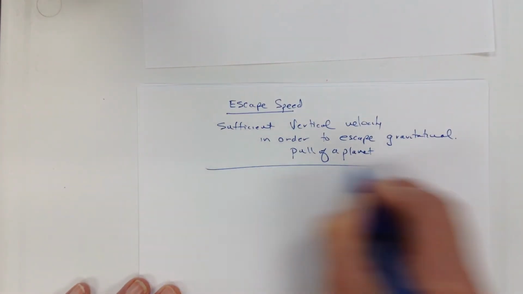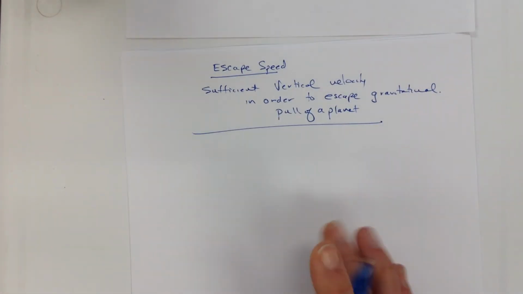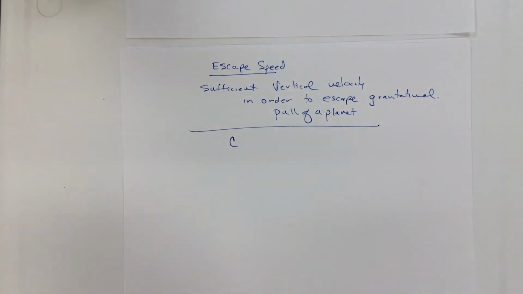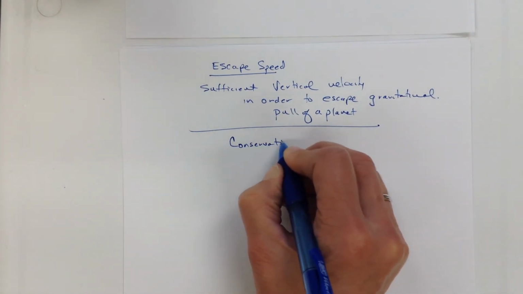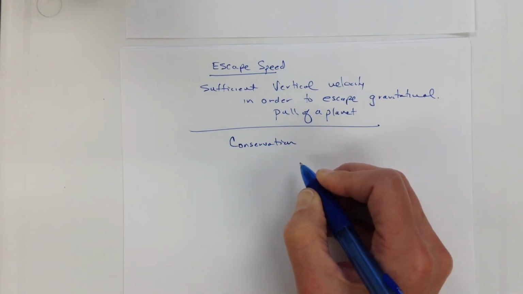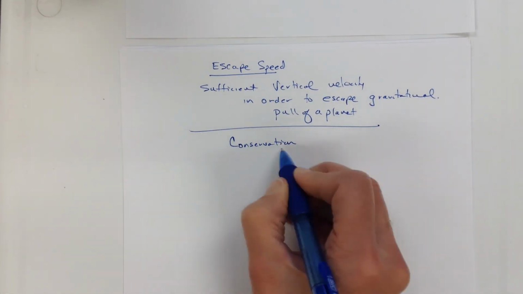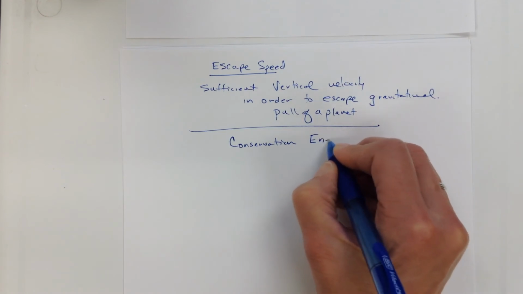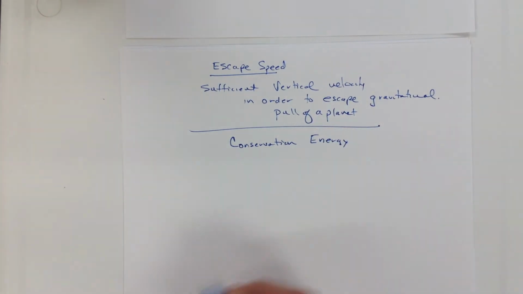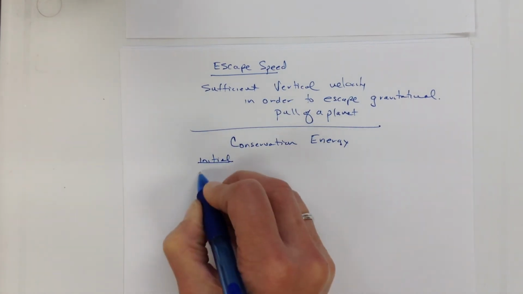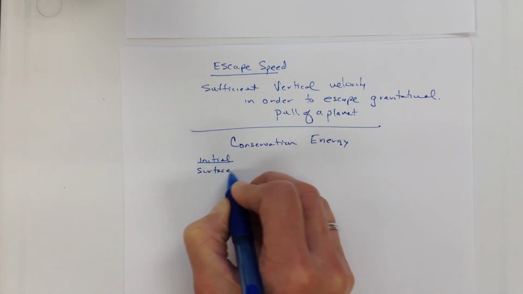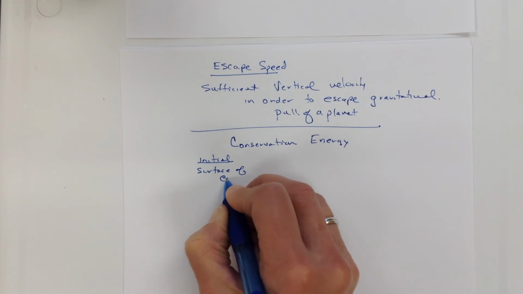All right, so in order to go through that derivation, basically what we're going to employ is the idea of conservation of energy. And this is why this sometimes fits in when we're talking about Kepler's laws and orbital motion, but it really is a conservation of energy principle, and that's why I kind of table it until later. Basically, our initial state is going to be on the surface of the Earth, or the surface of the planet.